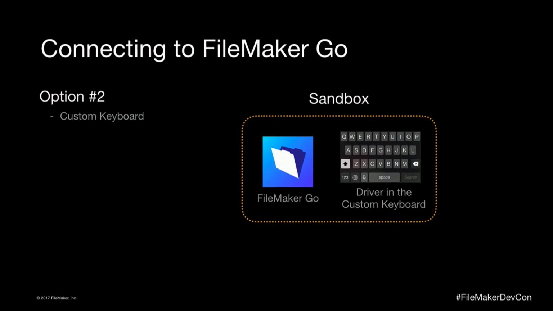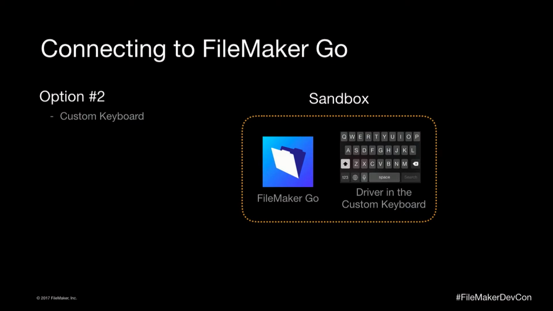Next, option two. You maybe remember how a USB barcode reader works. It simulates a keyboard using the human interface device protocol, and when you scan a barcode, it simulates a sequence of pressed keys.